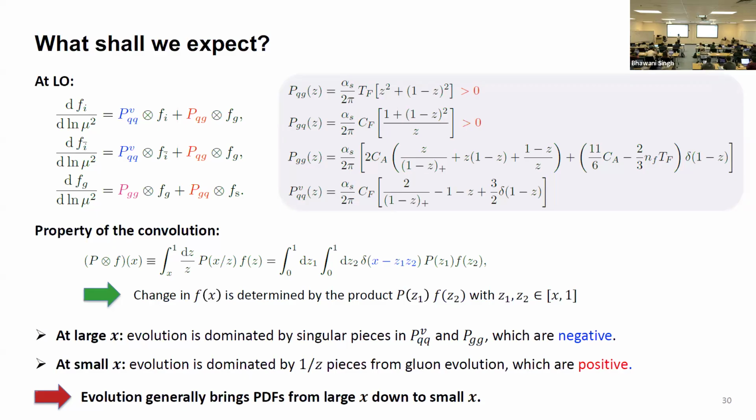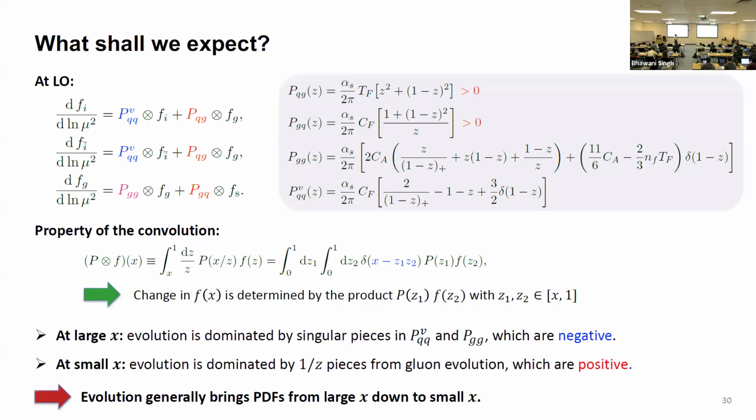by the way, the first thing is both the first 2 kernels are positive. And so they tend to increase the PDFs. But if we look at the large x, and large x is dominated by the other 2 kernels, because the first 2 do not have singularities when z goes to 1, but the other 2 kernels have singularities when z goes to 1. And if you push x to large, this is related to the kernel and PDFs at the large x region. And these 2 singular pieces are both negative.